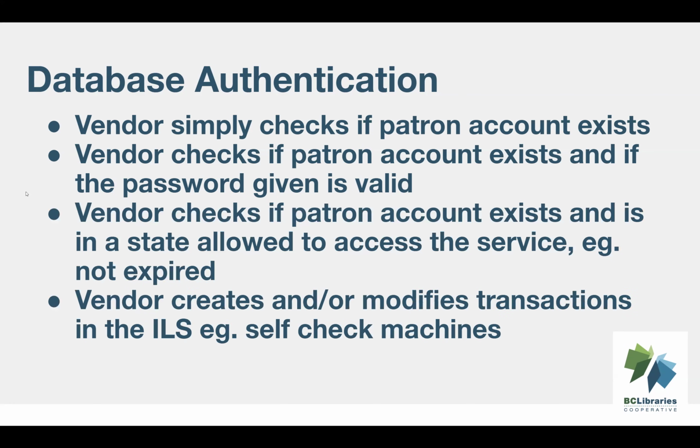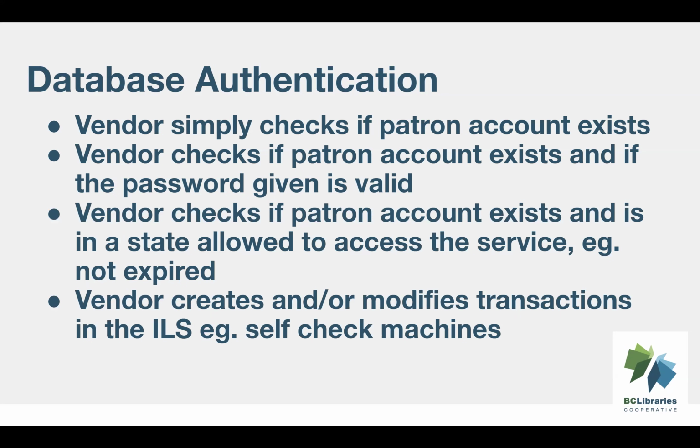And then we have some services like self-checkouts, book lockers that need to create or modify transactions in the database. So when an item is checked out via a third-party self-check machine, your ILS is sending not only patron information, but also item information to the self-check machine so it can display that to the user.